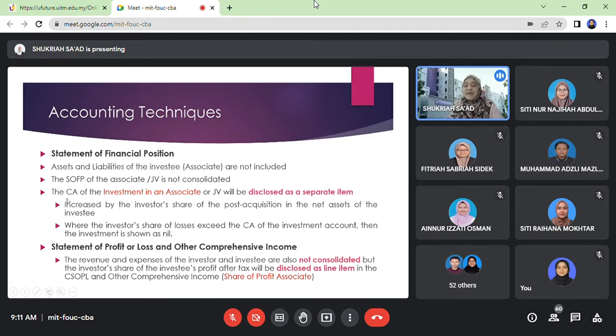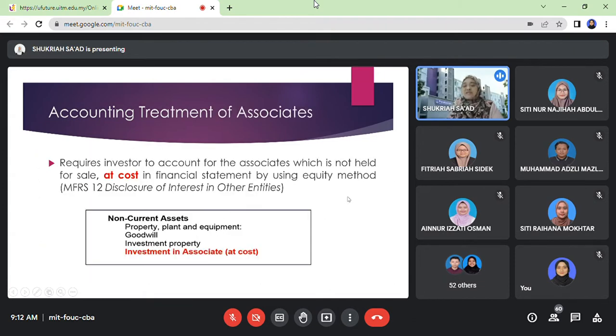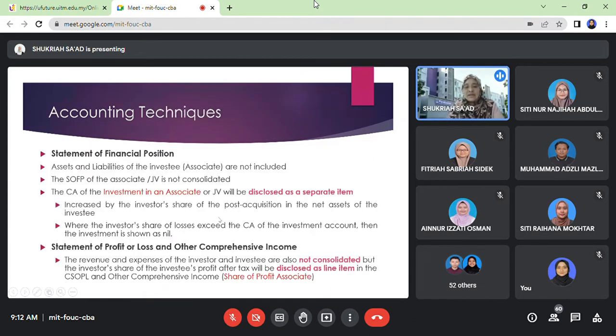The carrying amount of the investment in an associate will be disclosed as a separate item, which I already showed you just now. This one, investment in associate. This amount may increase or decrease due to the share of post-profit of the associate by the holding company.